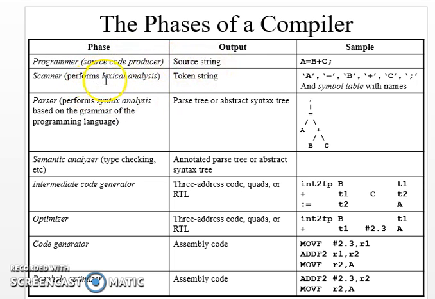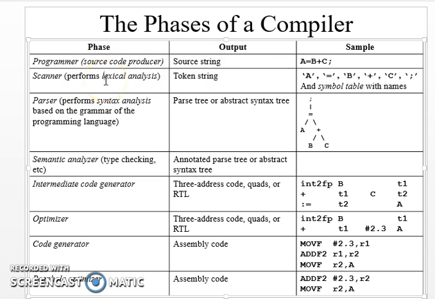The scanner identifies the valid words in the source code, and the parser analyzes whether the grammar symbols are arranged in a syntactically correct way or not.